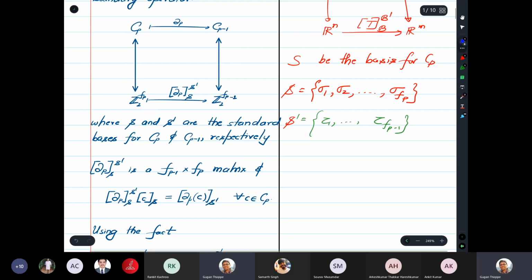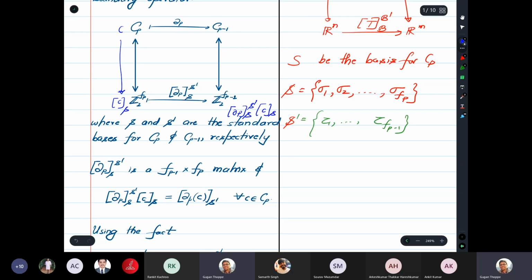You start from some C. If you come down over here, this is the coordinates of this chain in this basis S. Then you take this vector in Z2^{f_p} multiplied with this matrix, and you end up with what you have on the left hand side. So this is what you have.